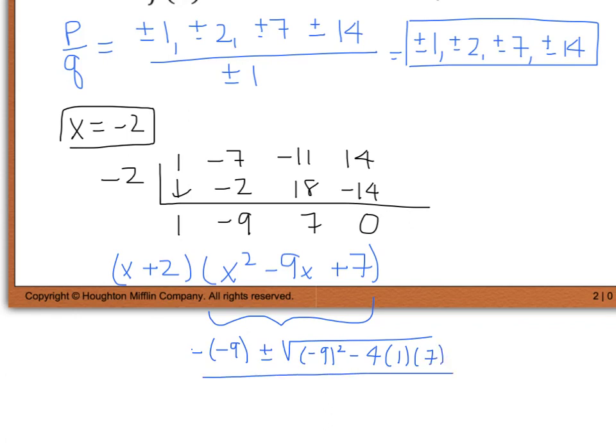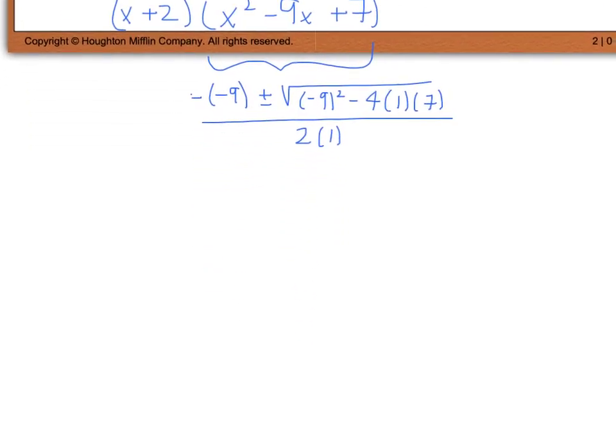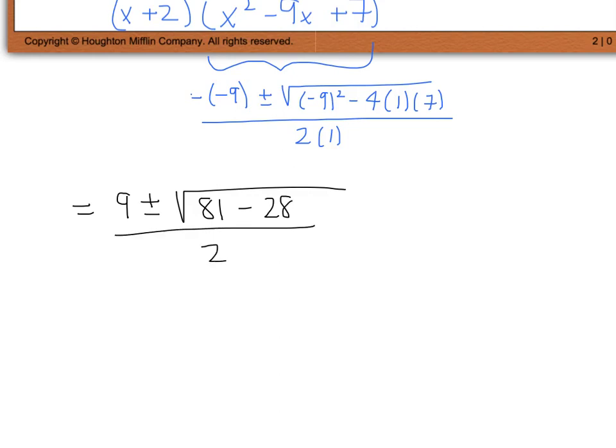I'm going to divide all of that by 2 times a, which in this case is 1. So when I simplify, we end up with 9 plus or minus the square root of 81 minus 28, divided by 2, which gives us 9 plus or minus the square root of 53, divided by 2.